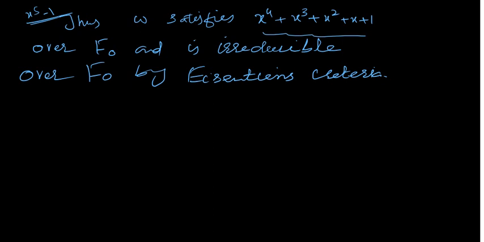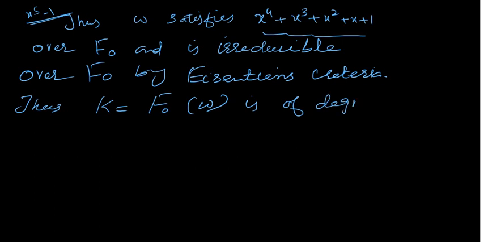Okay, so thus we have this K, which is equal to the smallest field containing F naught and omega, is of degree 4 over F naught, because the degree of this irreducible polynomial is 4, because of this reason.